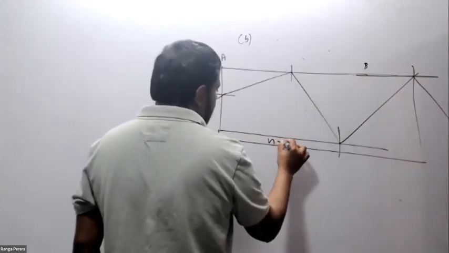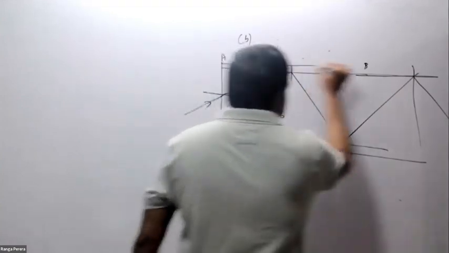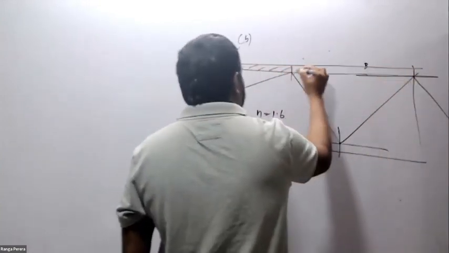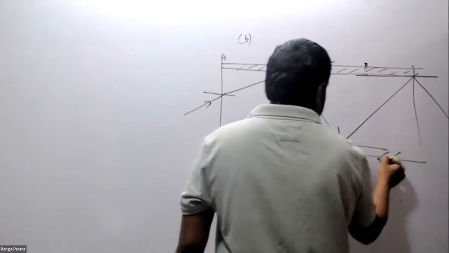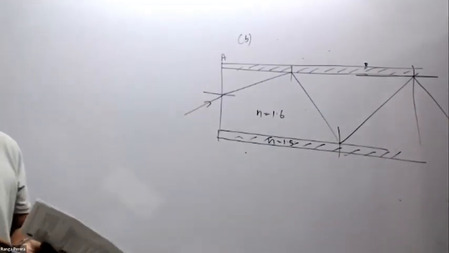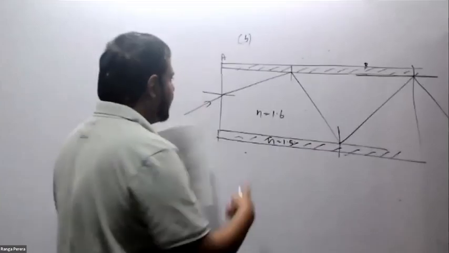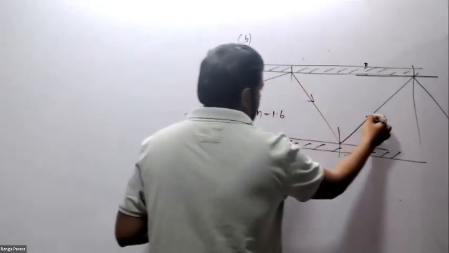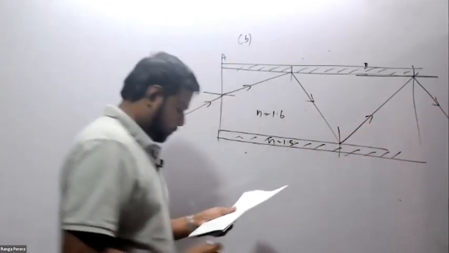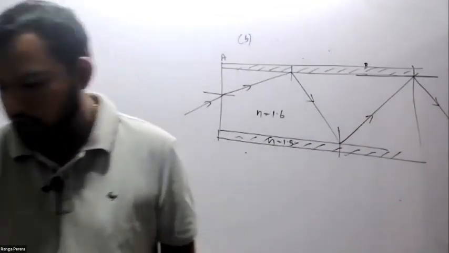This is n equal 1.5. This is n equal 1.6. This is what we call the cladding. This is the core and that is the cladding. Always draw the arrowhead. Okay, sorry, 51, okay.